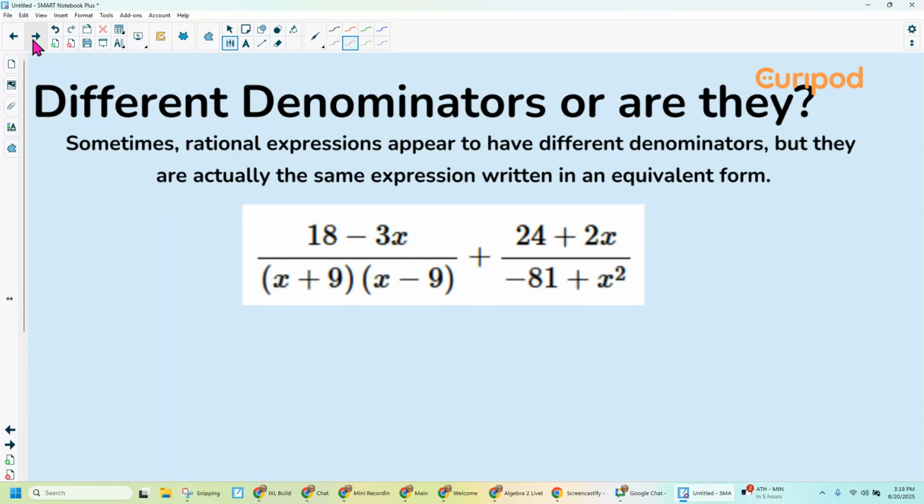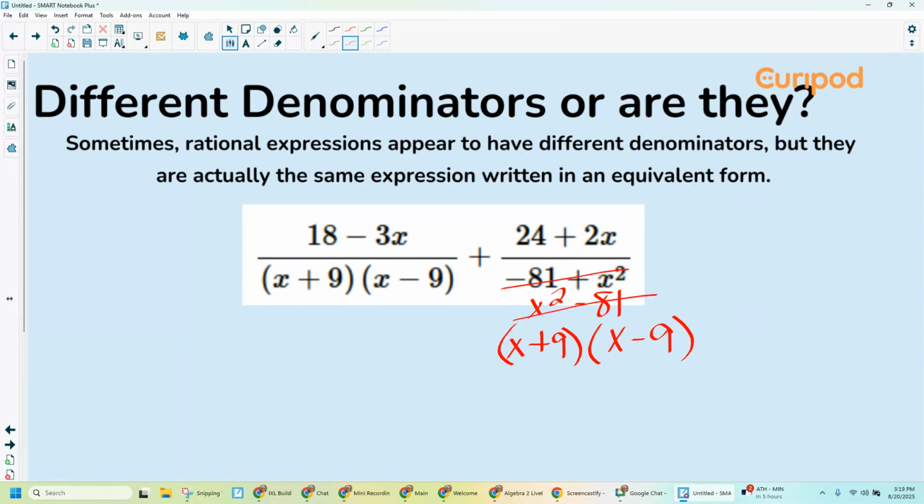Well, this looks similar if I rearrange x squared to x squared minus 81. That's my difference of squares. That factors down to x plus 9 times x minus 9. So sometimes you have to manipulate the denominator to see that they actually have the same denominators.